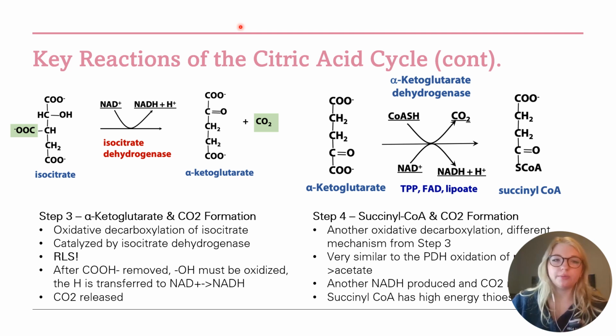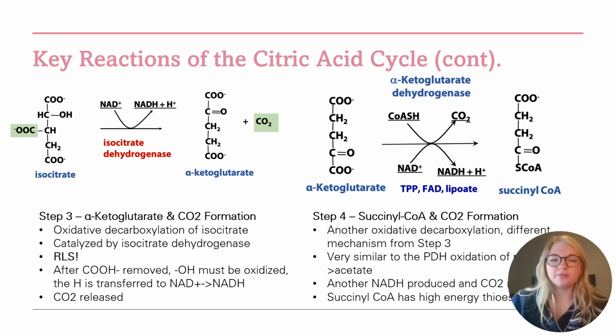One trick that may help you remember the product of this reaction, alpha-ketoglutarate, is that if you were to replace the carbonyl group here with an amino group, you would be left with the amino acid glutamate, which has a very similar name. Both of these steps involve dehydrogenase enzymes, which are a subtype of the oxidoreductase class of enzymes responsible for oxidation reduction reactions. In the case of dehydrogenases, these enzymes specifically transfer a hydride ion to an electron acceptor like NAD+ or FAD.